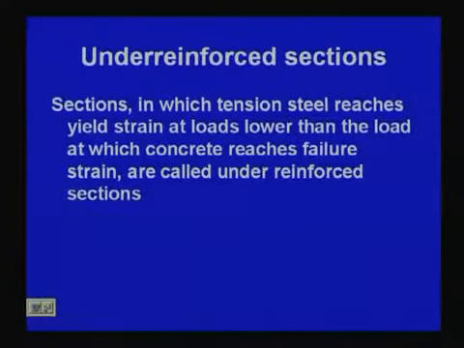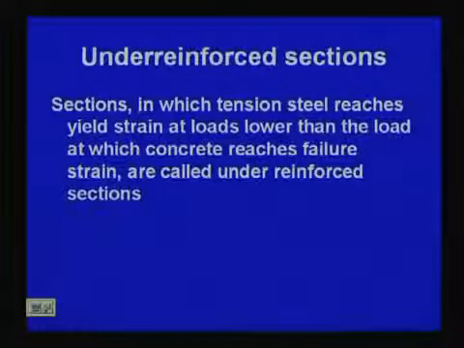In this case we apply the load and stop when we measure the strain in the steel that is achieved, say 0.0038 for Fe415. We can measure the strain and find 0.0035, and then we can stop there. Maybe the concrete has not reached that value, and we shall take it as an under reinforced section.